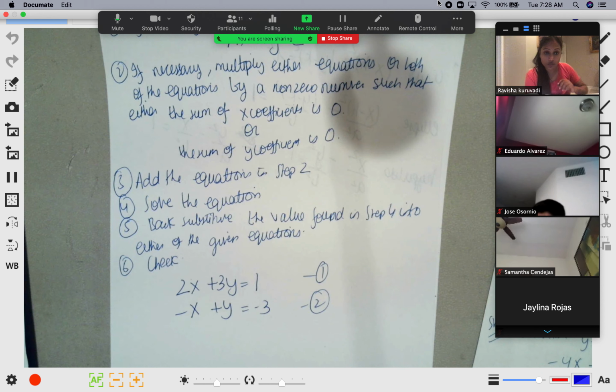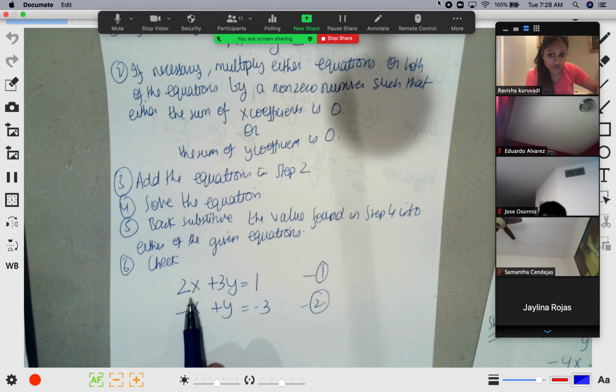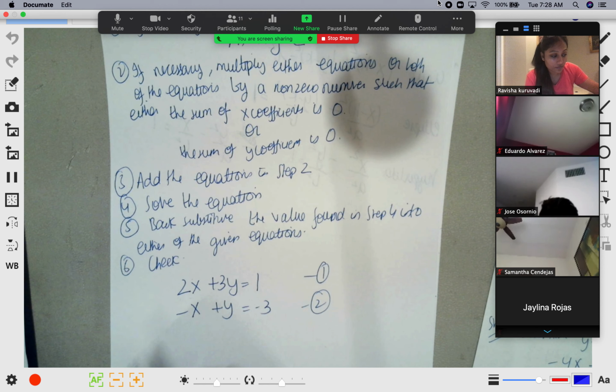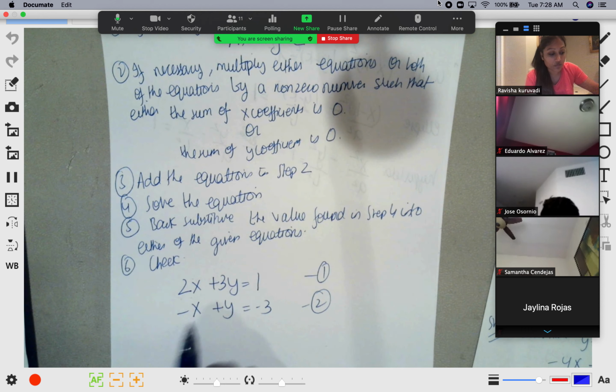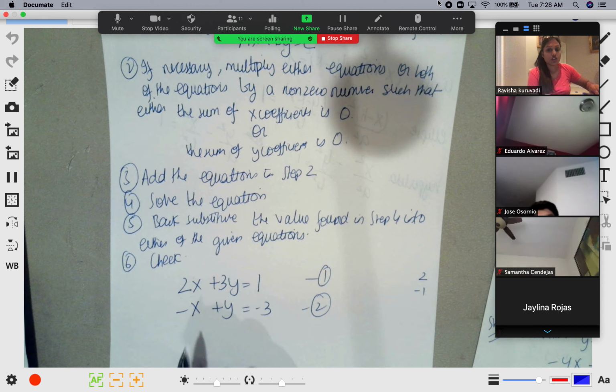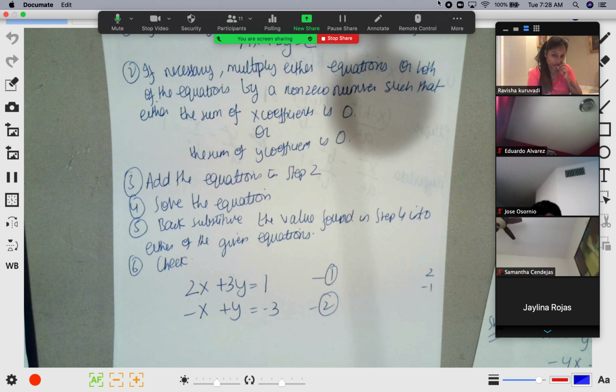So these were your two equations. What's the coefficient of x in the first equation? 2. And the second one? Negative 1. So one has 2, one has negative 1.